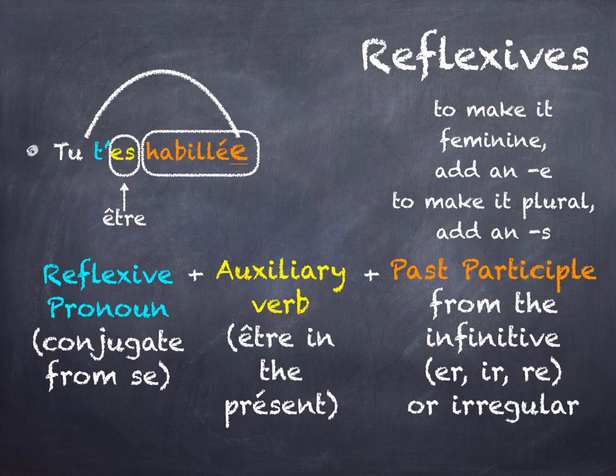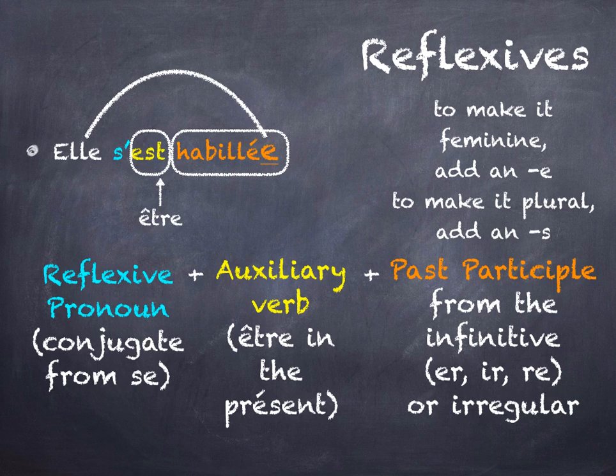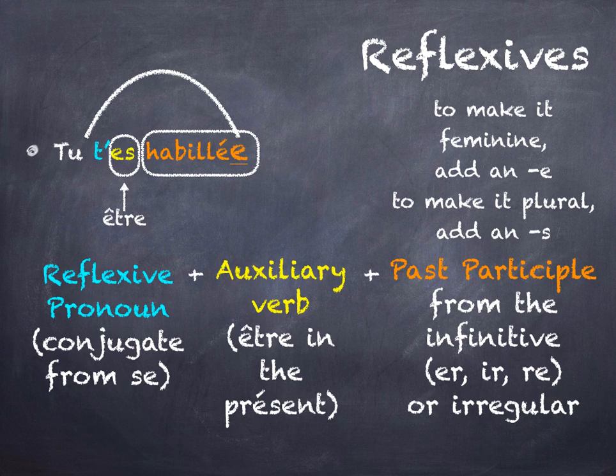For particular subject pronouns, we have to be very careful and think about exactly who we're talking about. We can't just guess based off of the subject pronoun. If I'm talking directly to that girl from my last sentence, looking at elle s'est habillée, so I don't know, let's call her Susan. So now I'm talking directly to Susan.